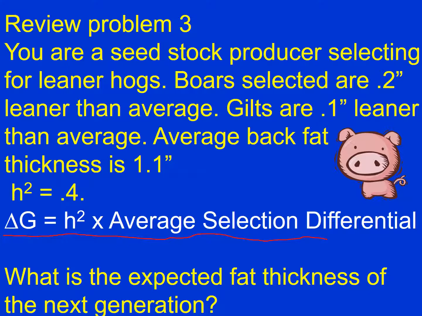So the change in G is the heritability times the average selection differential. And our selection differentials were minus 0.2 for the boars, minus 0.1 for the gilts. So we just need to plug this into the equation.